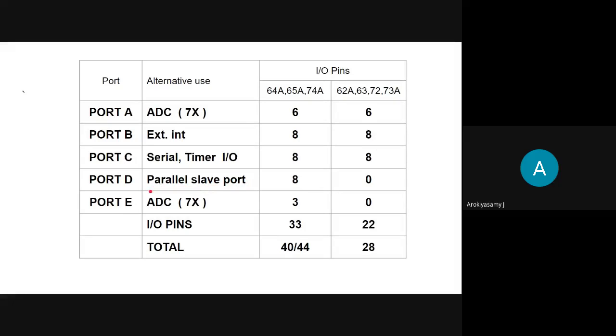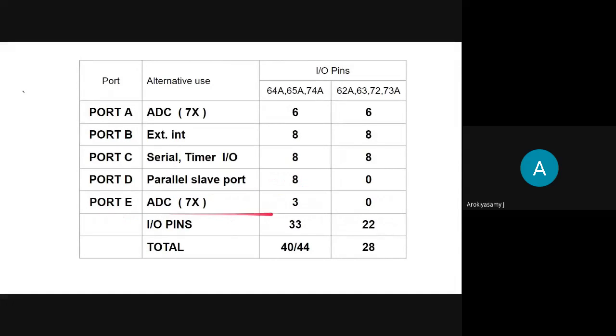So these 8 pins of port D can be used either as a parallel slave port or as port D lines. So 2 functions are allotted for these lines. It is called time multiplexing.